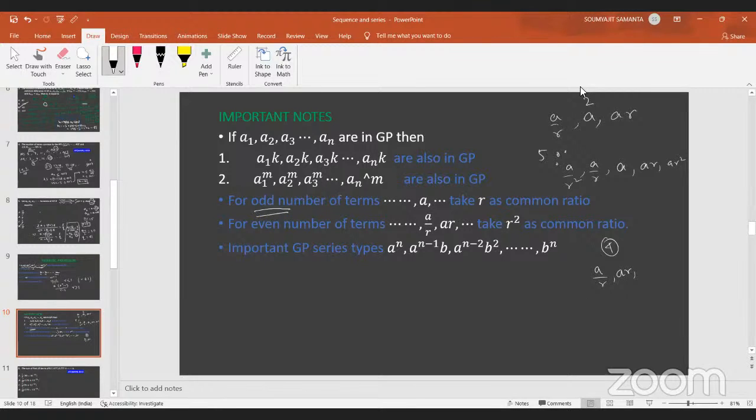Next to AR will become AR cube, and previous to A by R will become A by R cube. Clear? Are these 2 points clear? Yes, sir. Any question on this? No, sir. Okay.